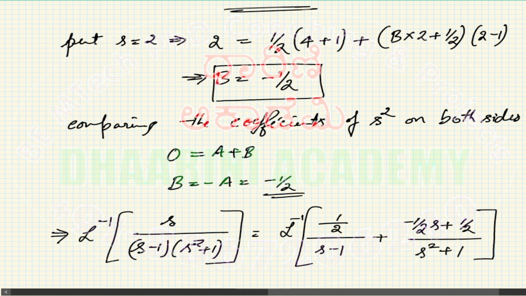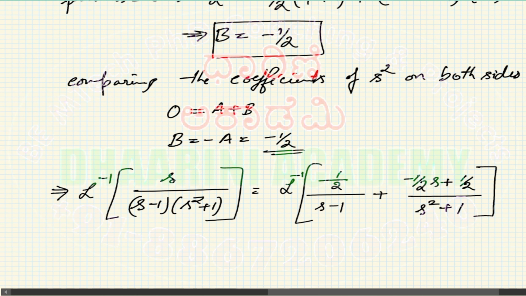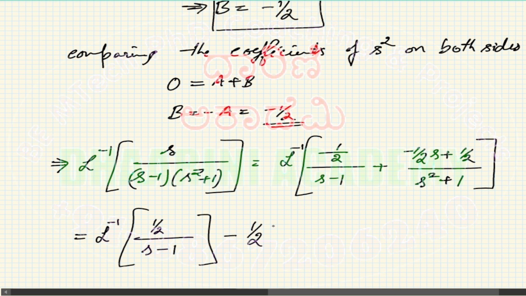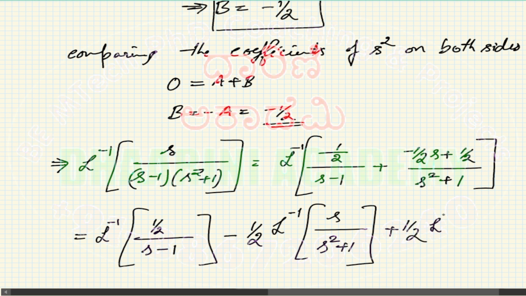Anyway, we can directly split this into three terms. So this is equal to Laplace inverse of the first term half over s minus 1, then minus half Laplace inverse of s by s square plus 1, plus half L inverse of the third term, that is half over s square plus 1.